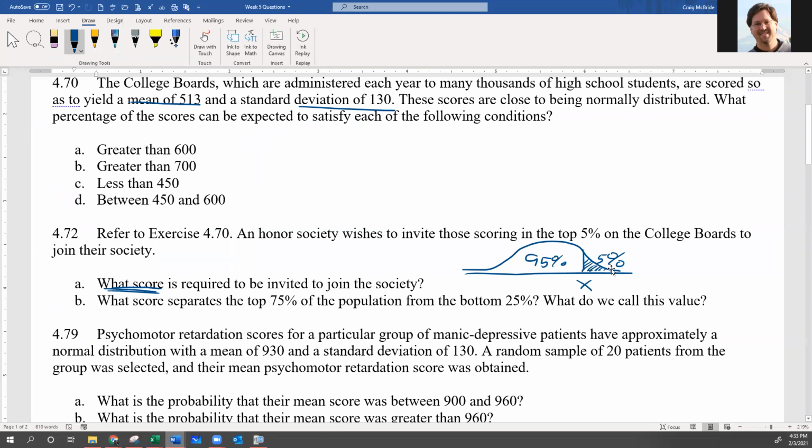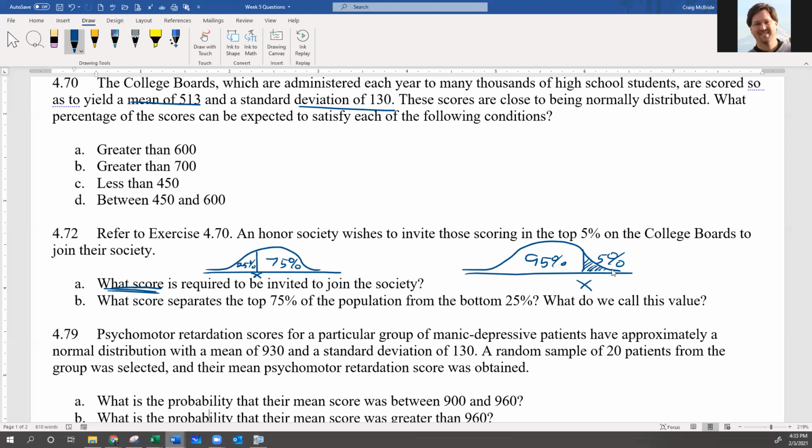And then when they say what score separates the top 75% from the bottom 25%, well, then for that picture, we're now looking for an X here that has the top 75% separated from the bottom 25%, i.e., as someone had said at the beginning of class, what do we call this?